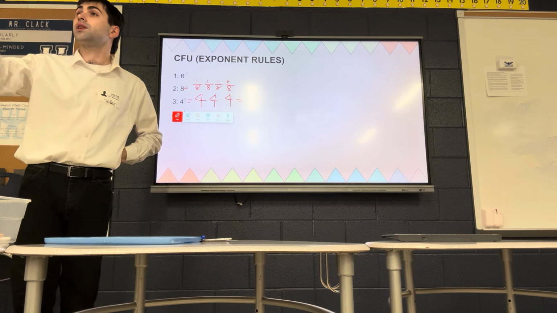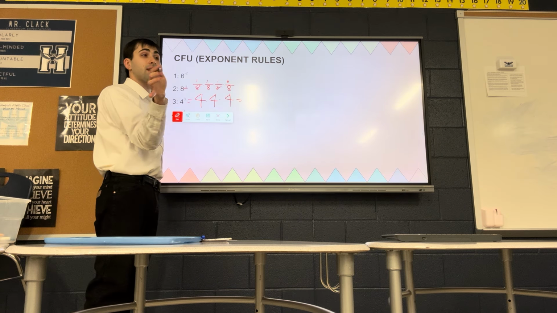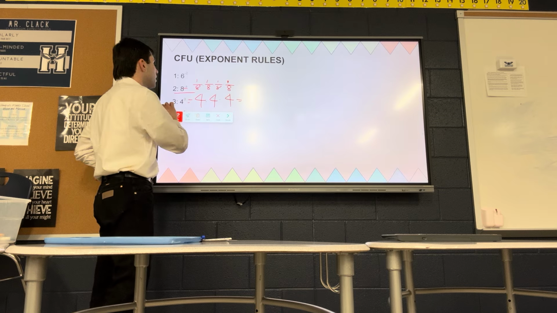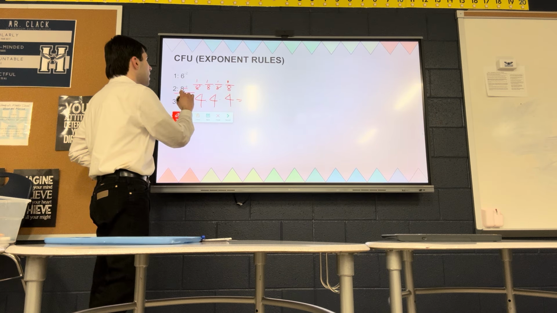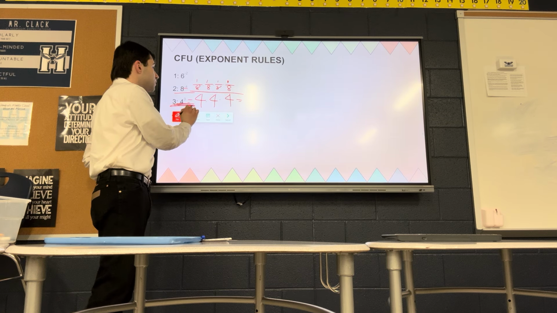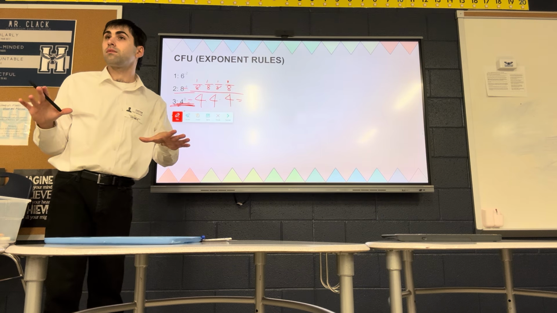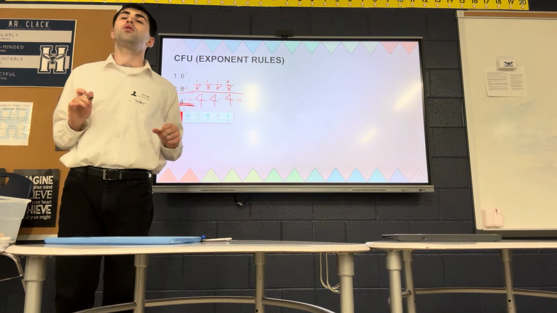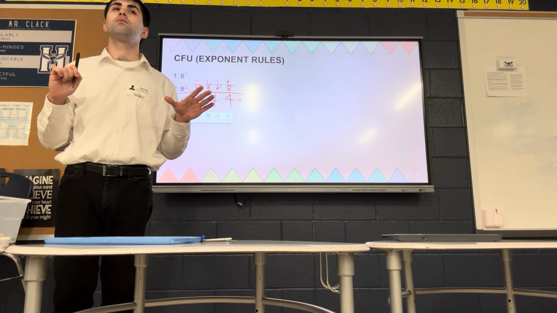Does everyone see that? With the negatives, it's the same thing. All you do is flip the base, and then you just continue on. For positive exponents, you just multiply. So what do you do when there's a negative exponent? You flip.